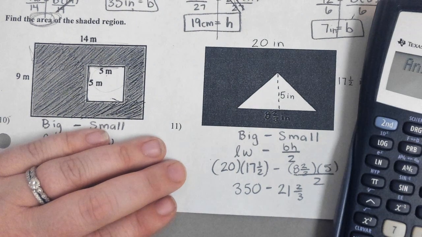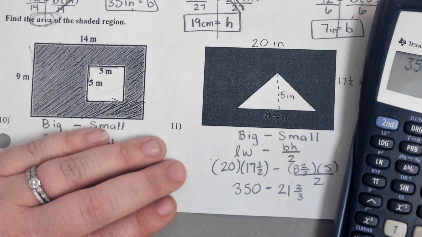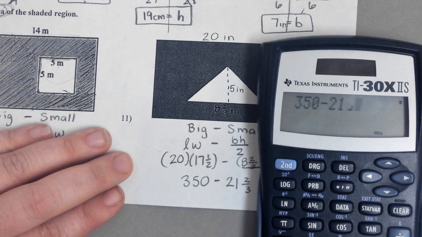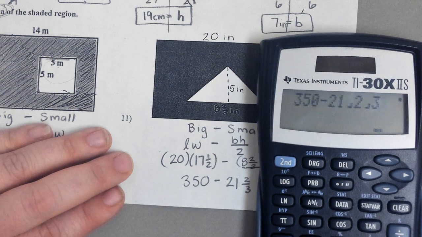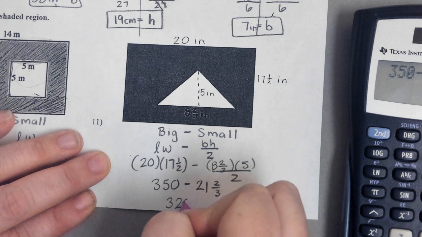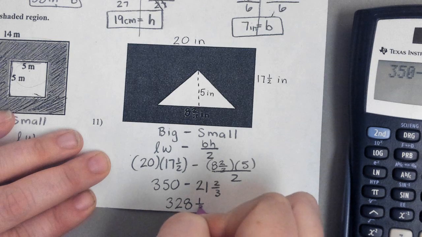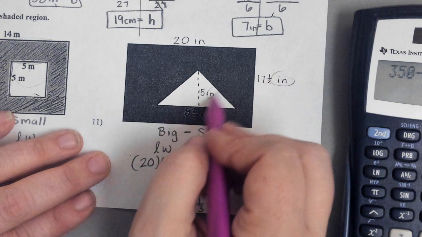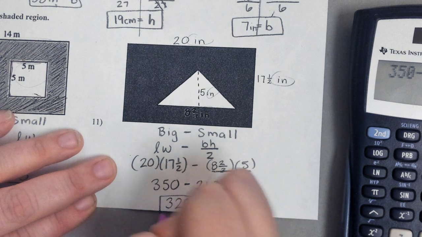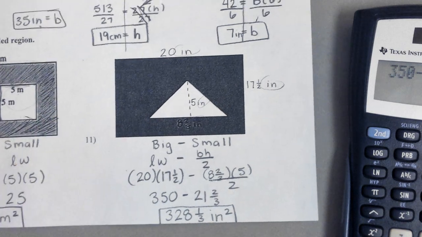Okay, and now I'm just going to type that into my calculator. 350 minus 21 2/3, which gives me 328 1/3. My measurement here is going to be inches squared, since it is area we're discussing.